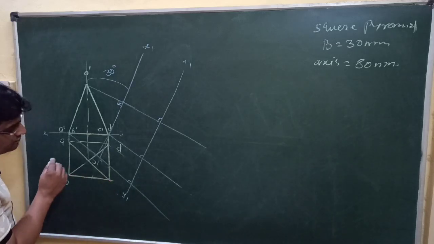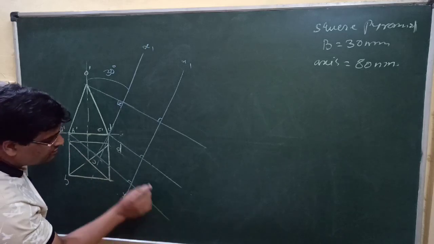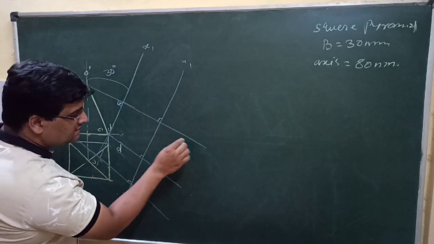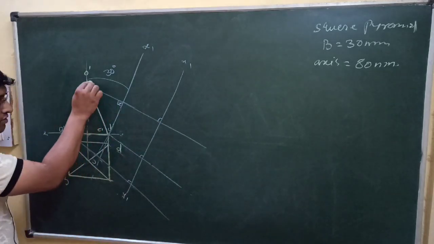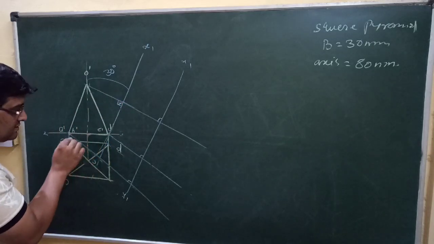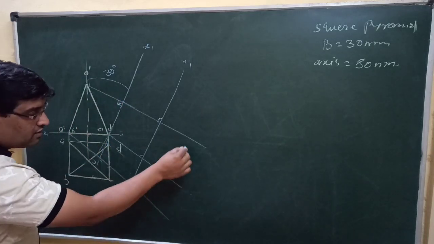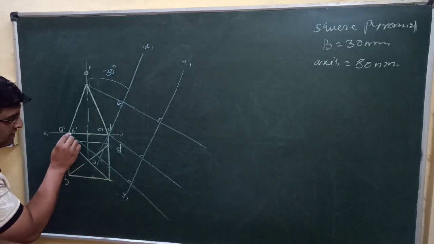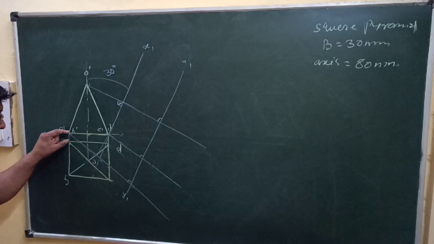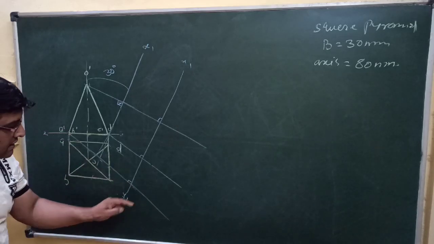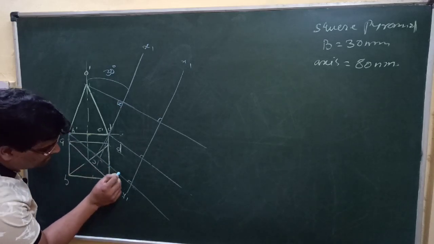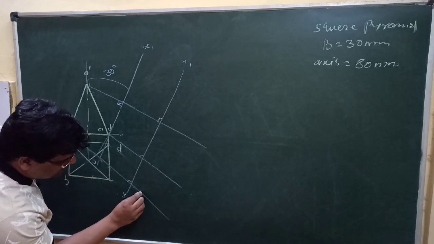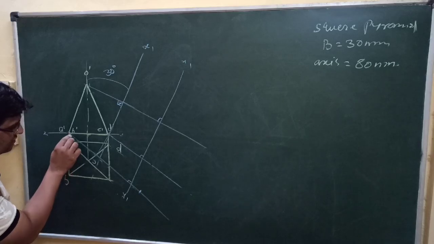So what we have to do, we have drawn these perpendiculars. Now we have to cut distances on these perpendiculars for the respective points, taking distances from the top view, because we are going to draw the top view here. Say for example for A, we have to take the distance from XY to A from the top view and cut on this line of A. So cut a distance, say here, taking distance from here.